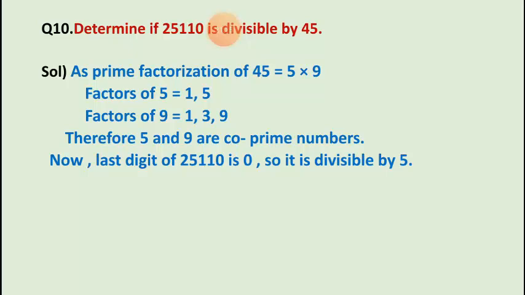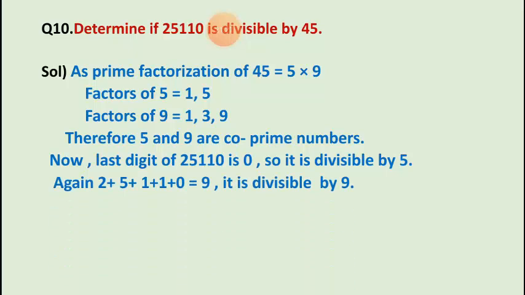This means we can say that this number will be divisible by 5 as well as by 9, because, as we learnt, if a number is divisible by two co-prime numbers, then it will be divisible by their product also, by the divisibility rule.